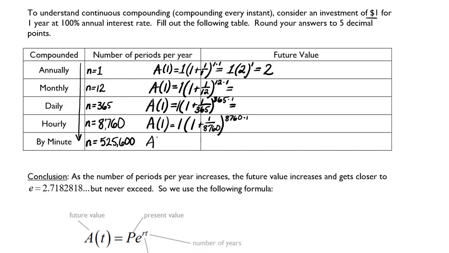So when we are compounding minutely, we would have A of 1 is equal to 1 times the quantity 1 plus 1 over 525,600 all raised to the 525,600 times 1.